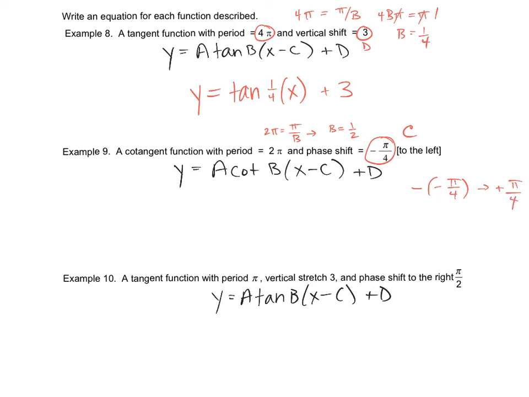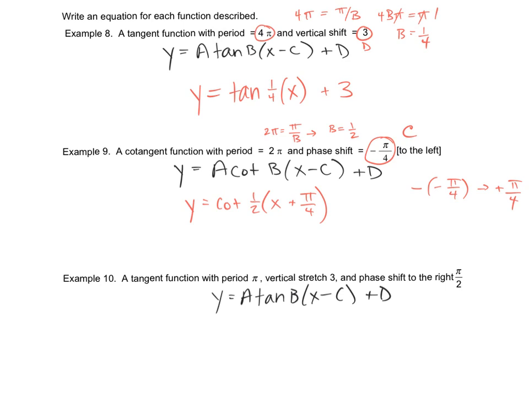So that's how I would get a positive value inside my parentheses. So here, my function is y equals the cotangent of 1/2 x plus pi over 4. And there is no d value, so I'm done.